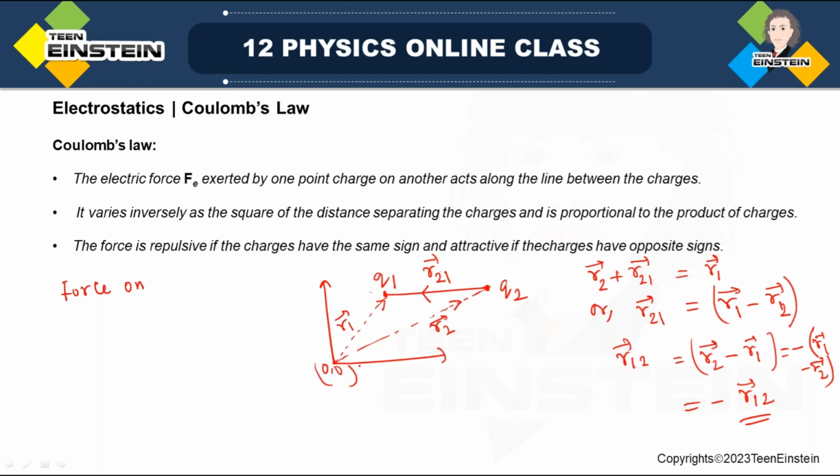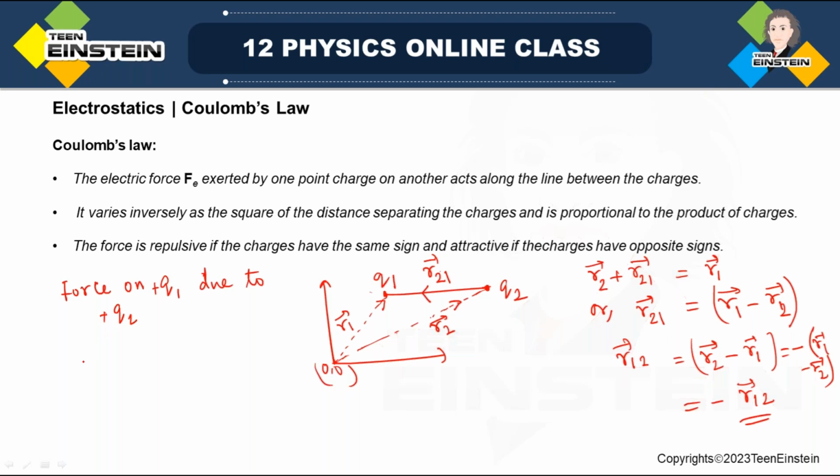Now look, in this case, suppose both are positive, for the case of repulsive force, force on Q1, this is positive Q1 due to Q2, that is also positive.